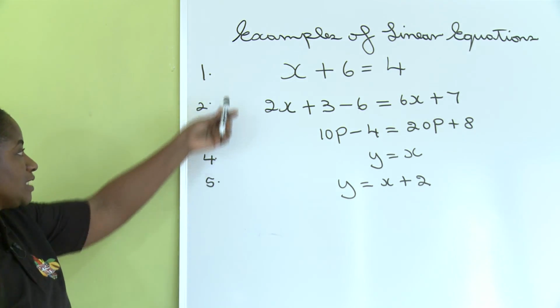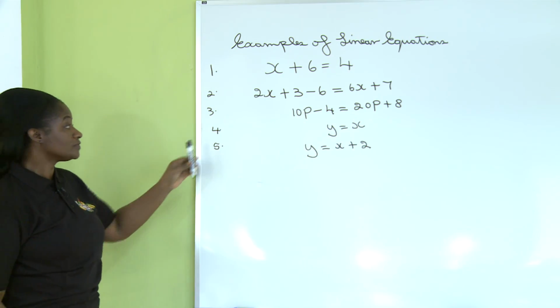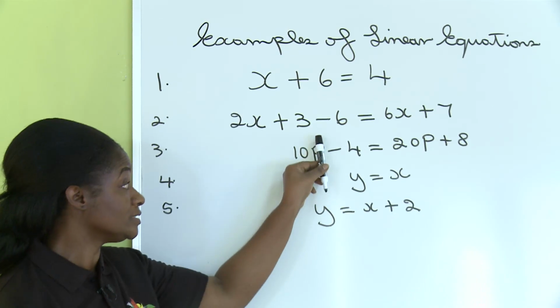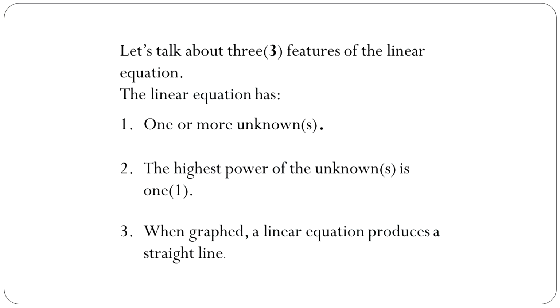And so if you examine the 5 equations, you will notice that the highest power of each one of the unknowns indeed is 1.